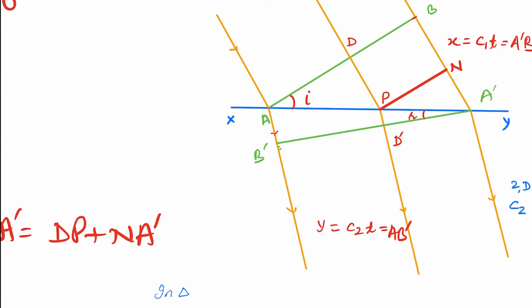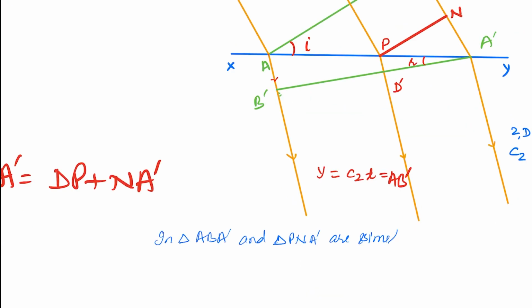In triangle ABA dash and triangle PNA dash are similar triangles. Therefore AA dash divided by PA dash is equal to BA dash divided by NA dash.